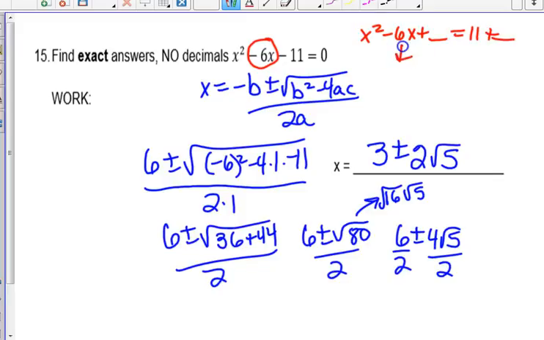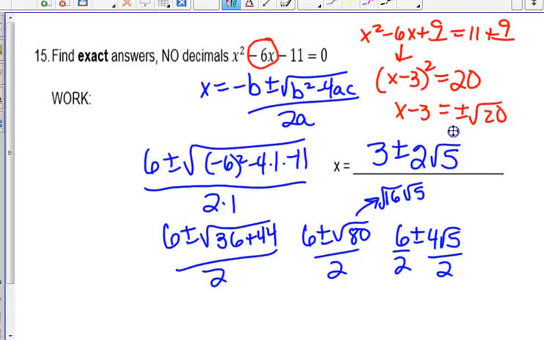If you had done completing the square, put the blanks in, and then take half of the 6. Squared is 9, add that to both sides, and then you can square root both sides, and you get x equals 3 plus or minus 2 square roots of 5, which is the same thing. It works best if b is an even number.